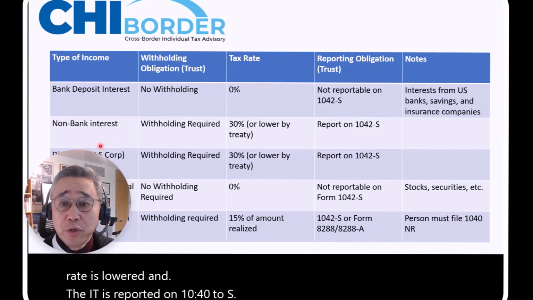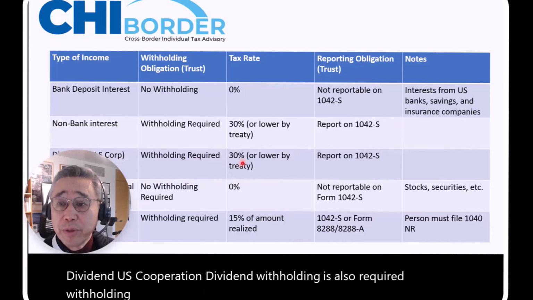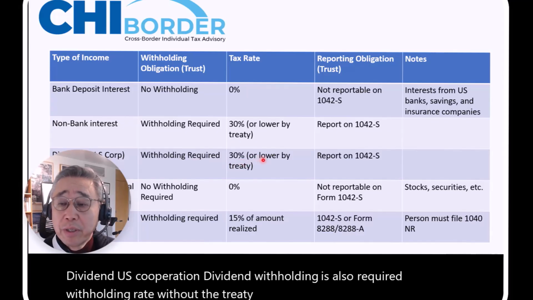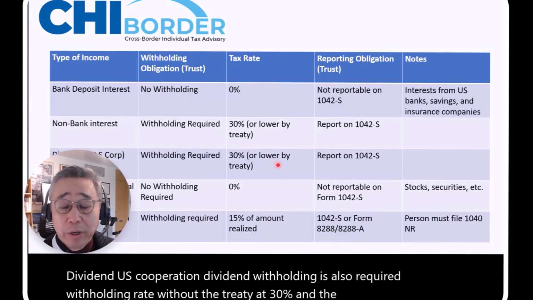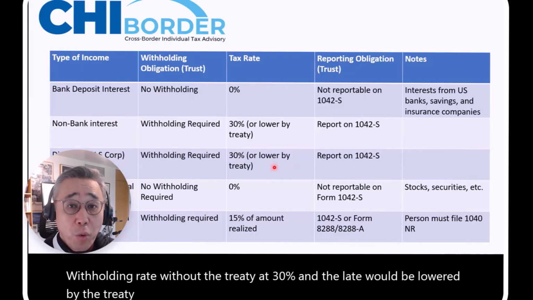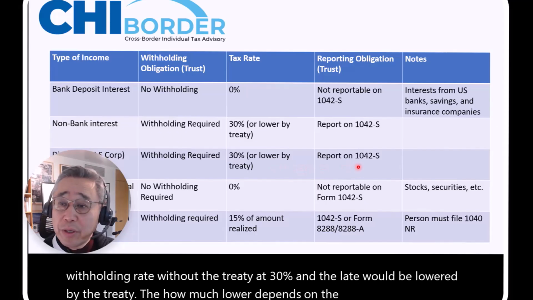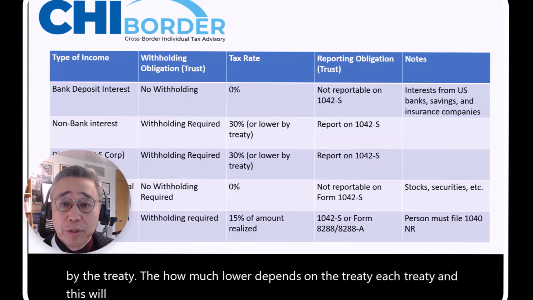For dividends from U.S. corporations, withholding is also required. The withholding rate without a treaty is 30%, and the rate would be lowered by the treaty. How much lower depends on each treaty, and this will be reported on 1042-S.